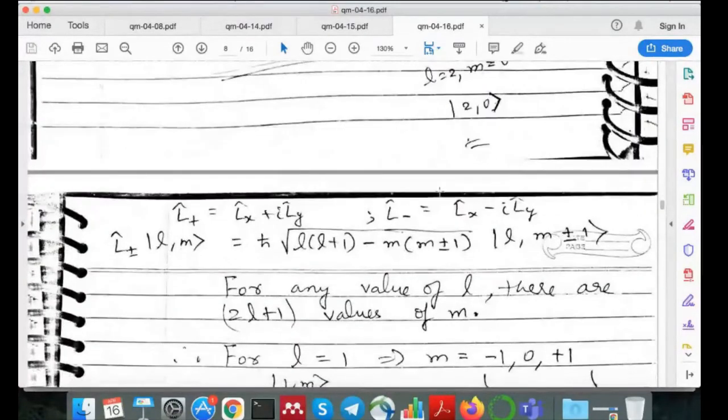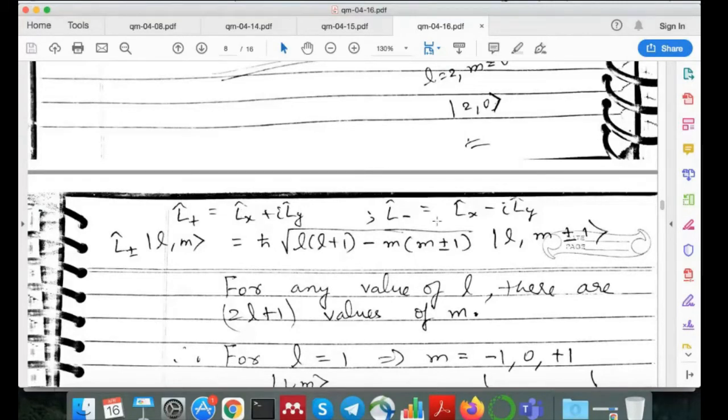Okay, then there are some other operators that you can define, which are like ladder operators, which are L plus and L minus. Okay, L plus is given as Lx plus i Ly, and L minus is given as Lx minus i Ly. Okay, and this L plus and L minus is not a Hermitian operator. Okay, all right. So L plus acting on L comma m would give you h cross root of L into L plus 1 minus m into m plus 1.